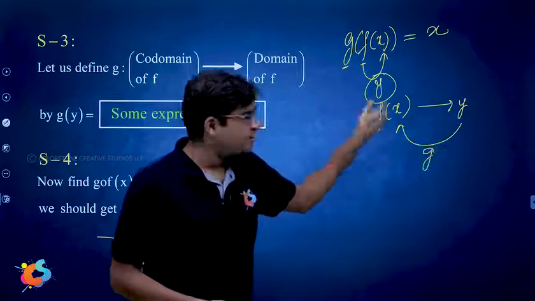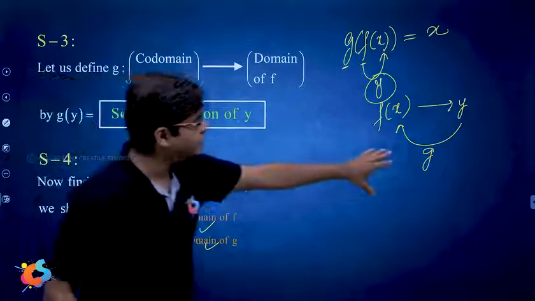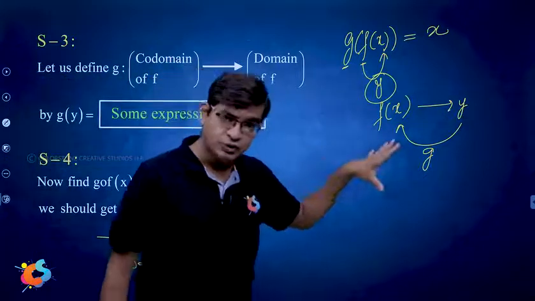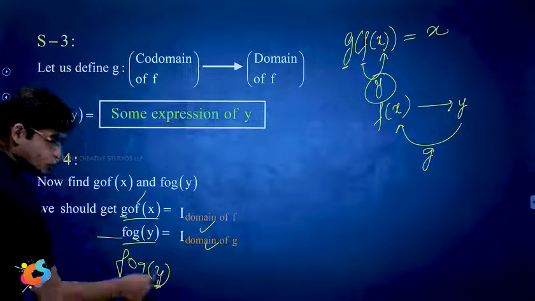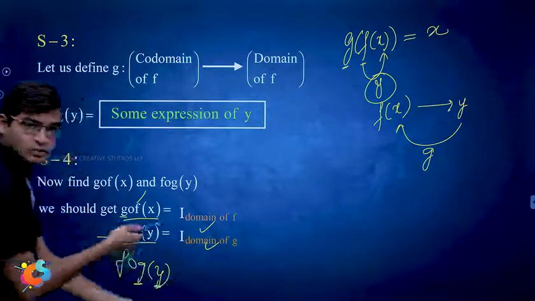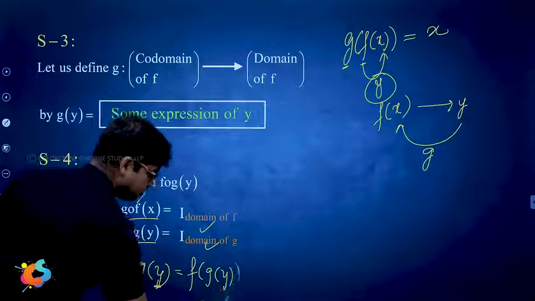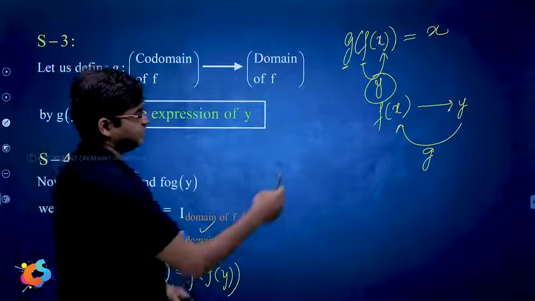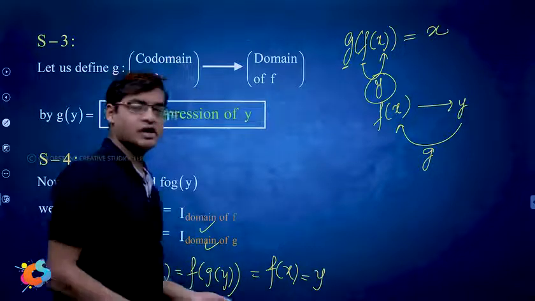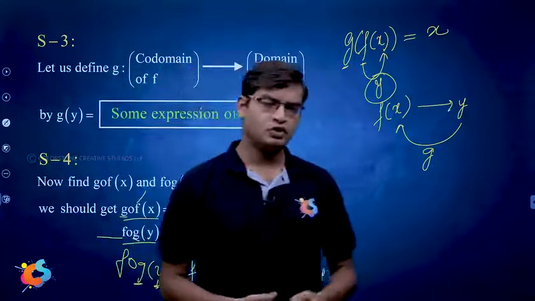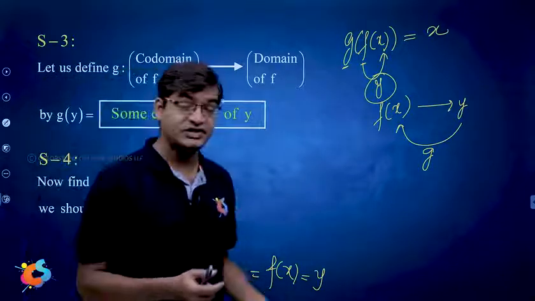So if g is taking y to something, f will take that back again. So f of g of y: if g of y is x, then f of x will be again y. So therefore again you will get an identity function.